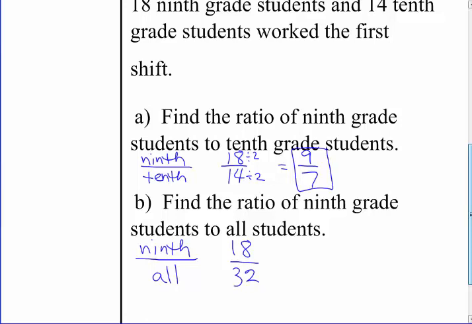So that'd be 32, 18 plus 14. And again, simplify. You can divide the top by 2 and the bottom by 2. We get 9 over 16, and that's as simplified as it's going to get. So the ratio of 9th grade students to all students is 9 to 16.